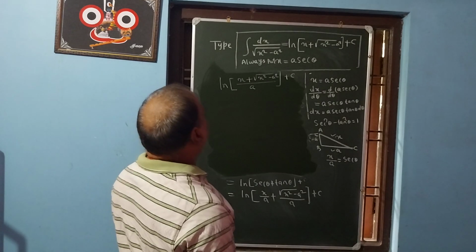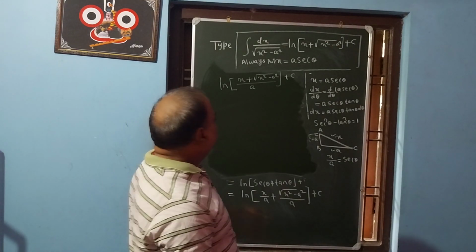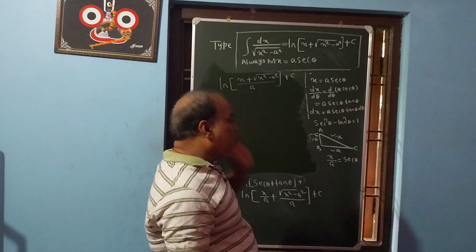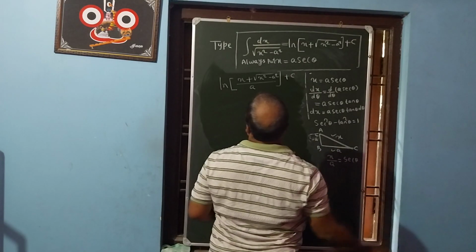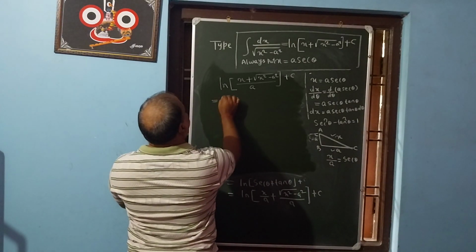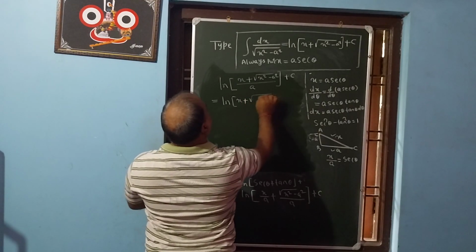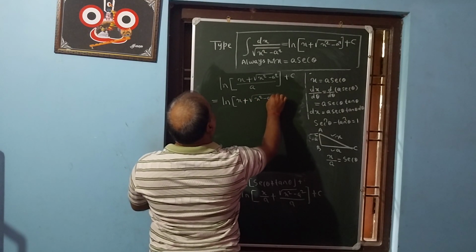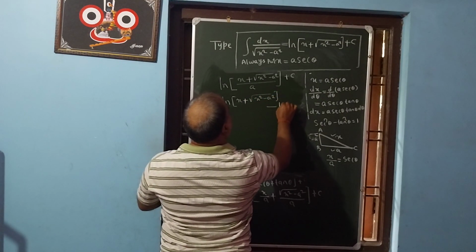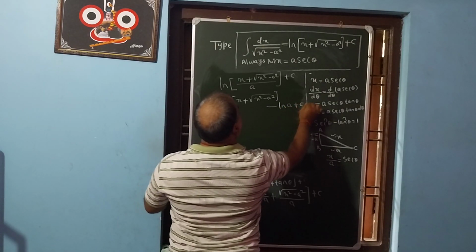Now we know that ln a by b is equal to ln a minus ln b. So we get ln of x plus root over x square minus a square, minus ln a, plus c.